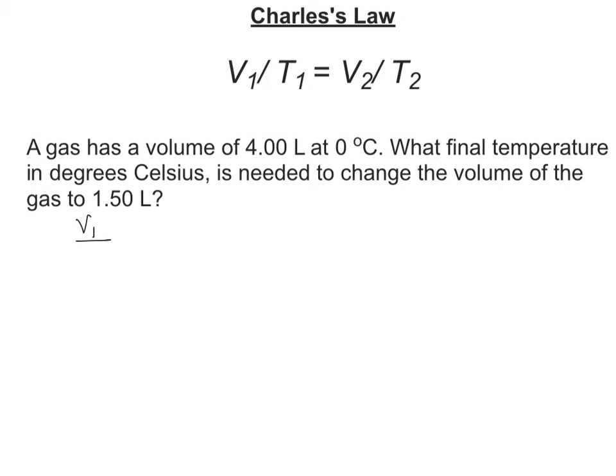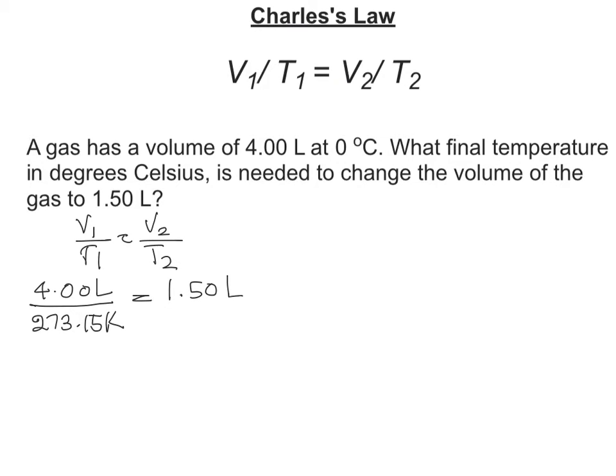V1 over T1 is equal to V2 over T2. V1 is 4.00 liters and T1 0 degrees Celsius when converted to Kelvin is 273.15 Kelvin, is equal to V2 is going to be 1.50 liters and we have to find the final temperature.